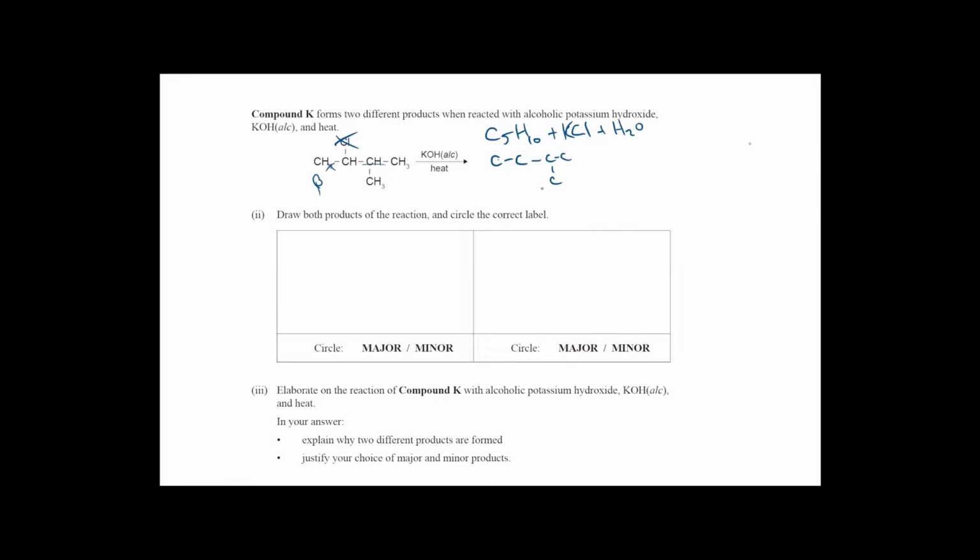It's lost one of those hydrogens from the end, so it's going to be that one. So that's going to be our minor because it's the first substitution, and then the other substitution is this, the double bond is going to be in the middle. Yeah, it's going to be in the middle there. So this is going to be minor, and this is going to be major.